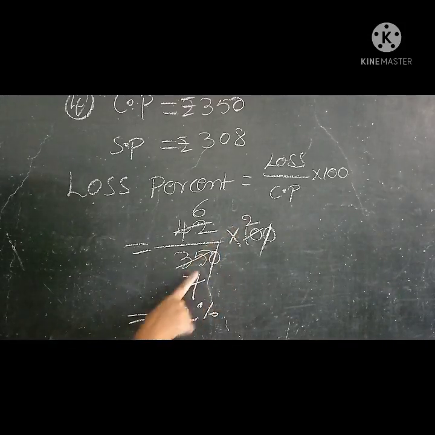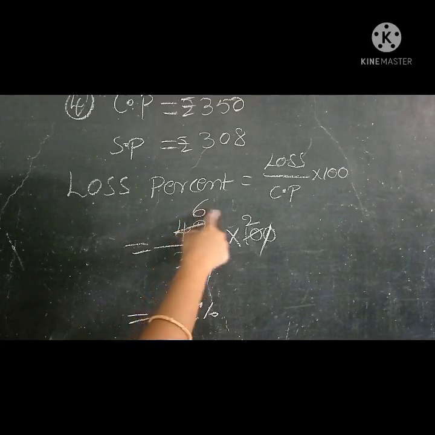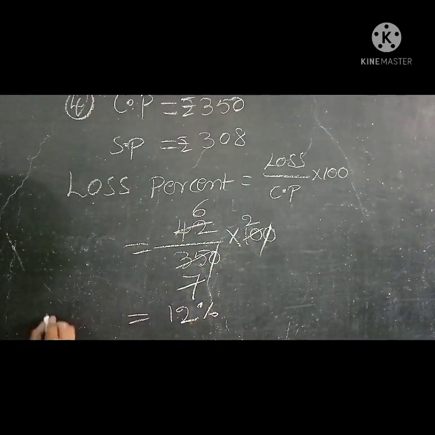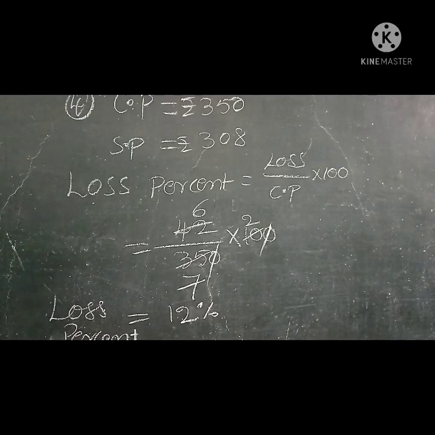Okay now. Cancellation over. Next here 42 is there. 7 6s are 42. 6 into 2 is equal to 12%. So loss percent is equal to how much? Loss percent is equal to 12%. So in that box write the 12%.